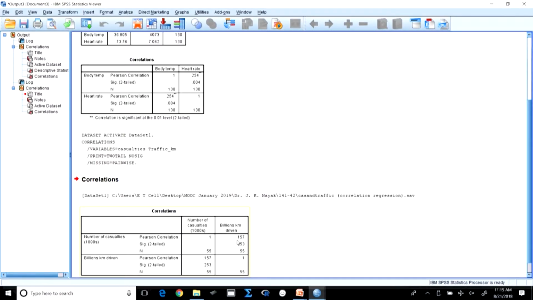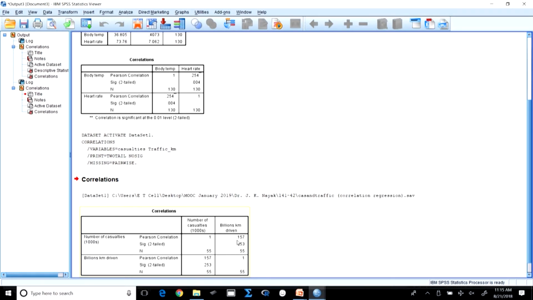So, the null hypothesis cannot be rejected. Our null hypothesis is that there is no relationship between accidents and the amount of kilometers driven, and that is acceptable. That means you cannot say there is any relationship between the two, you cannot claim that.